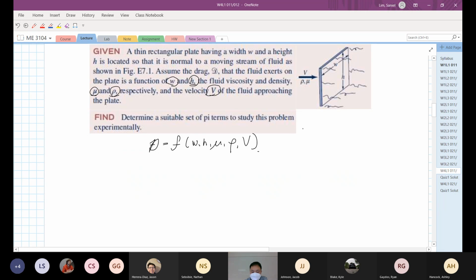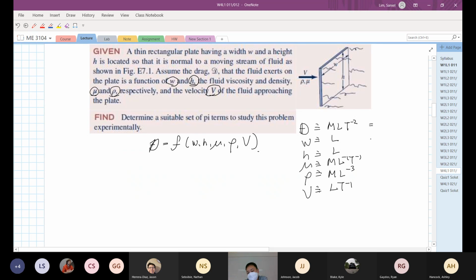Let's write down all: D, W, H, mu, rho, V. So D is MLT minus 2. This is L. This is L, do we have H here? Yes, L. Mu is M L minus 1 T minus 1, rho is M L minus 3. Then V is LT minus 1.